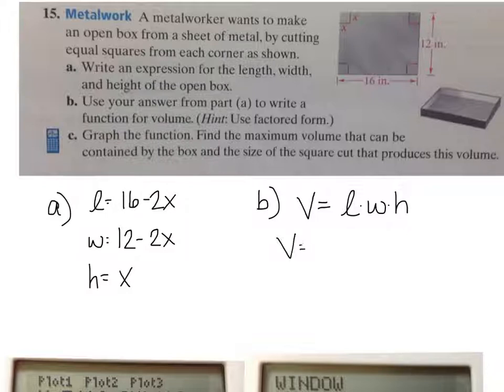So volume, instead of length, I'm going to write 16 minus 2x. Instead of width, I'm going to write 12 minus 2x. And instead of height, I'm going to write x. Now it told us to use factored form. So basically they're saying you do not have to work it out. Just leave it exactly like that. So part B is done.